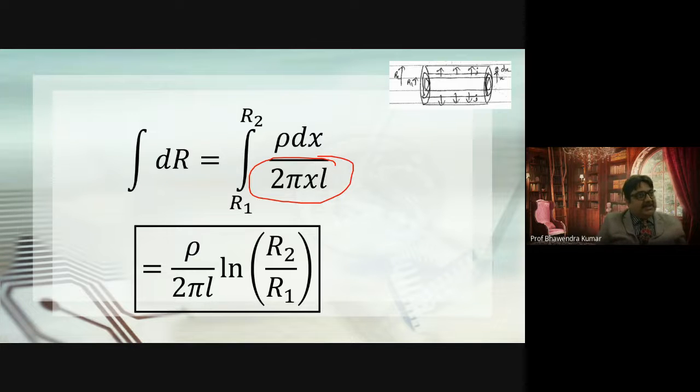Through how much thickness is it passing at a moment? Through a thickness of dx. Is it clear? Are all of you able to understand it, or is any problem there? Can we move ahead? Yes, sir.